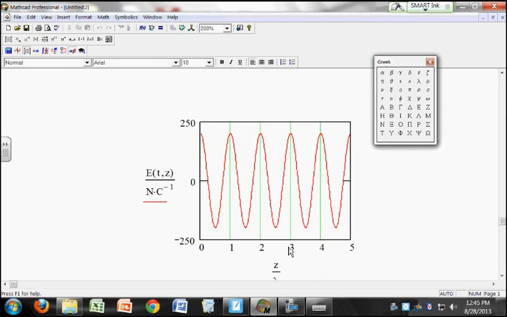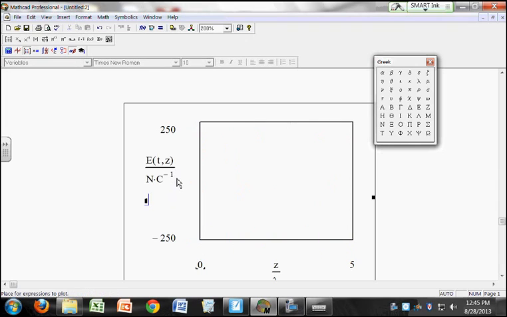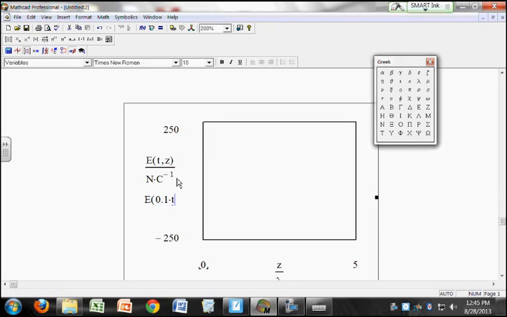Let's see what happens to this if we advance time. So let's advance our time to, let's see what happens at E of Z when t is 0.01 times tau.